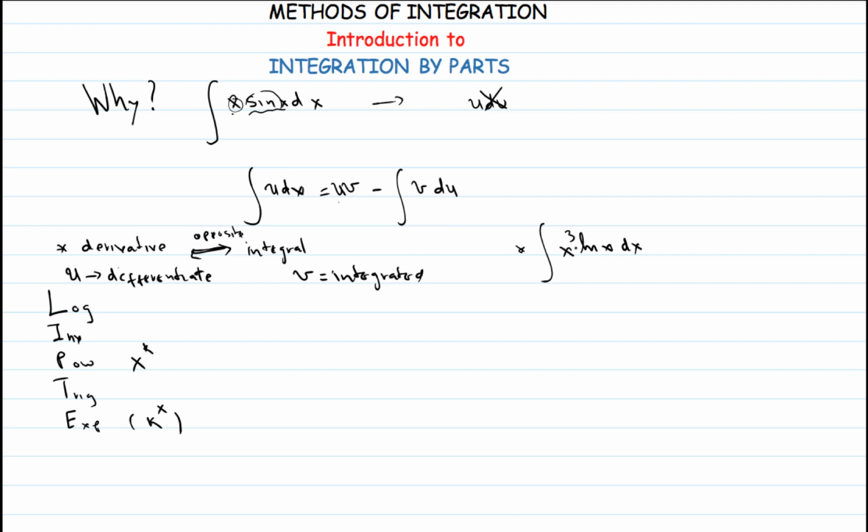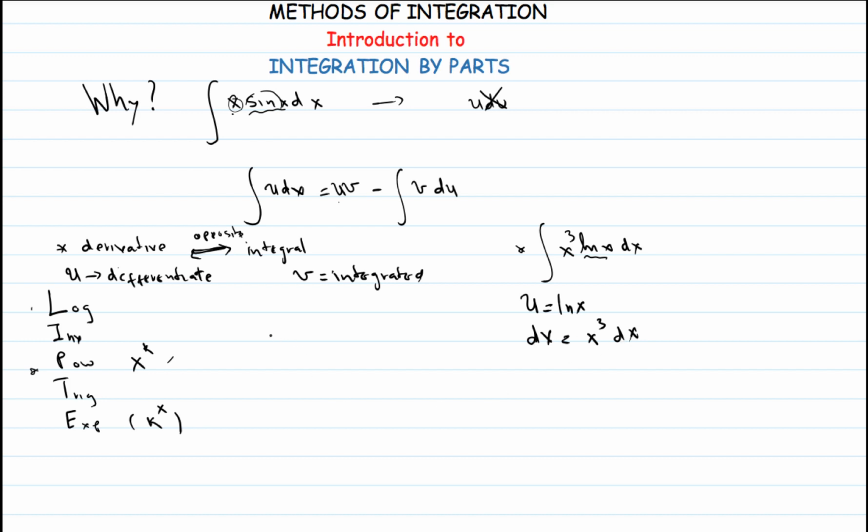Here we have x raised to 3, which is a power of x. And here we have natural log of x, so it is log, and it is the first thing. This means that in this case our u is natural log of x, and our dv is equal to x cubed dx. This is how we select what is going to be our u and our dv.